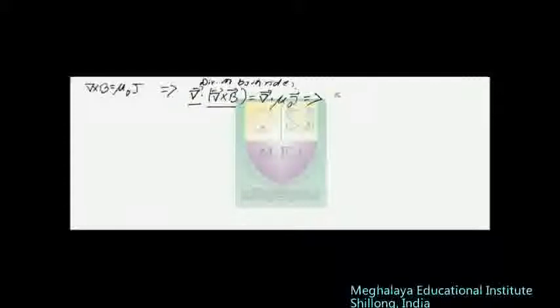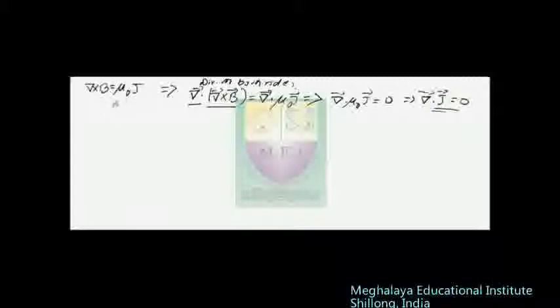So I have del dot mu naught J bar equal to 0. Mu naught is a constant, so if I divide throughout by mu naught, I have del bar dot J bar equal to 0. This is my result.